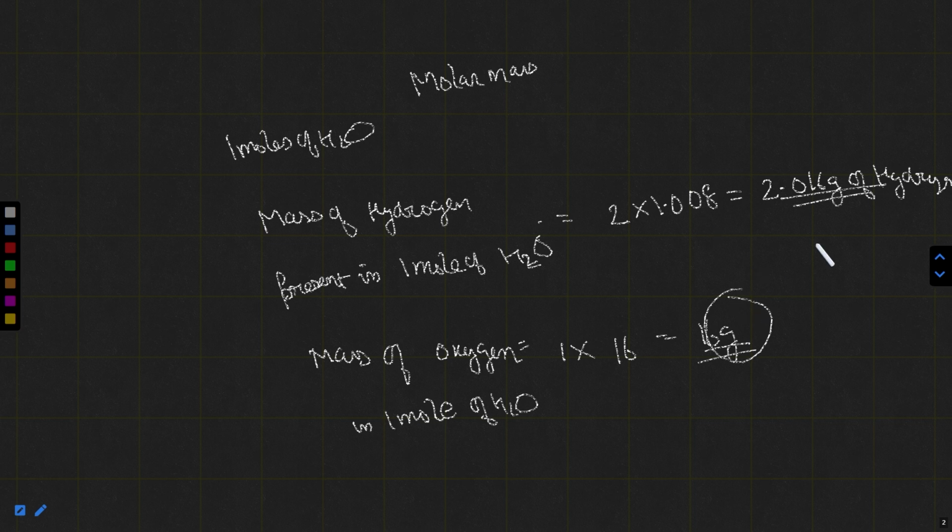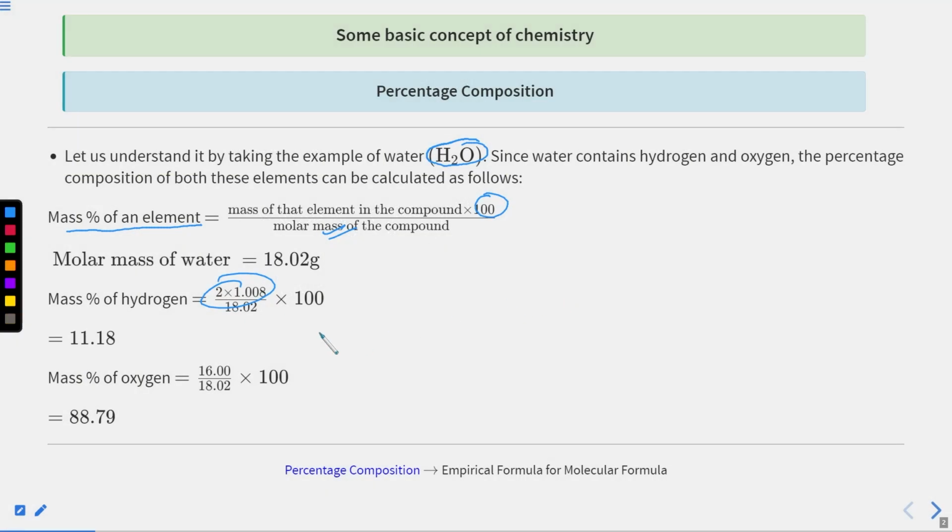Just add both of these, 16 gram and 2.016 gram. That would bring you to 18.016, or approximately 18.02, multiplied by 100.